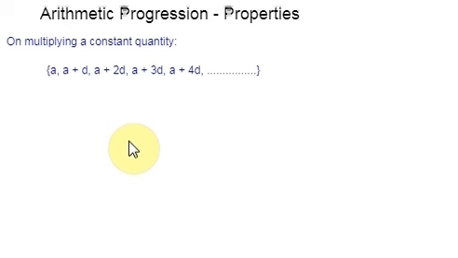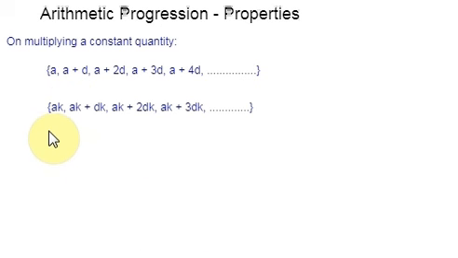If a non-zero constant quantity k, which is not equal to 0, is multiplied by each term of this arithmetic progression, we will get this. So here the first term of this sequence is ak. And what is the common difference? If you subtract these two, you can find the common difference. The common difference here is ak plus dk minus ak, which gives you dk. Therefore, the terms of this sequence will form an arithmetic progression.